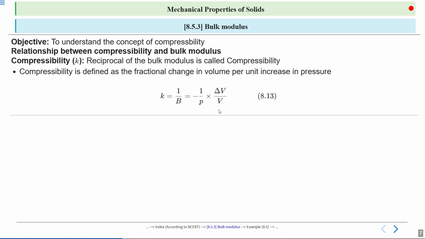So this is the compressibility. For example, if you increase the pressure on a material and its volume decreases by a small fraction, this formula tells you exactly how compressible it is.